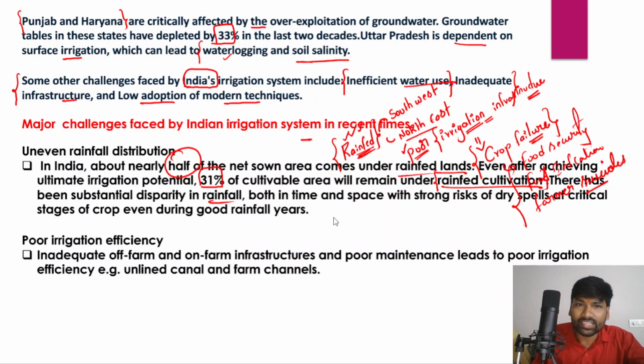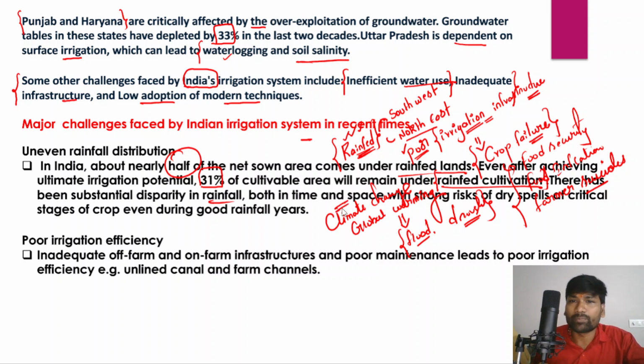And in fact, in recent times, due to events like climate change and global warming, there is either scanty rainfall or uneven rainfall, or even flood-like situations or droughts. They have become very common. Because of that particular reason, the monsoon rainfall has also become uneven in recent times.